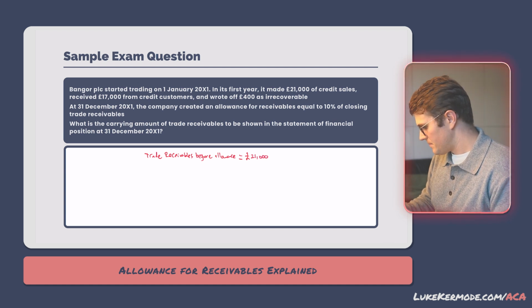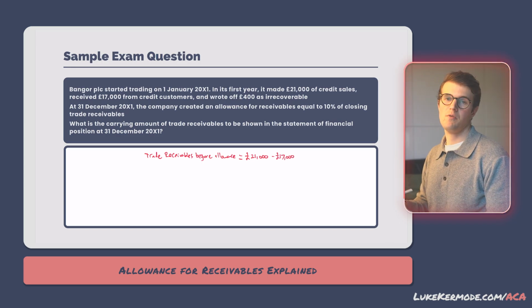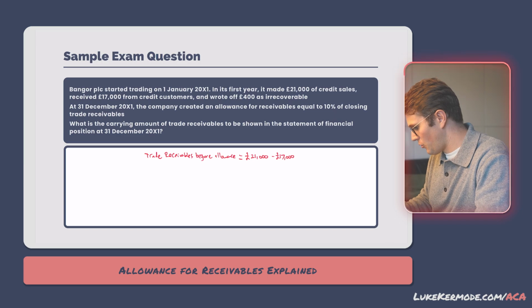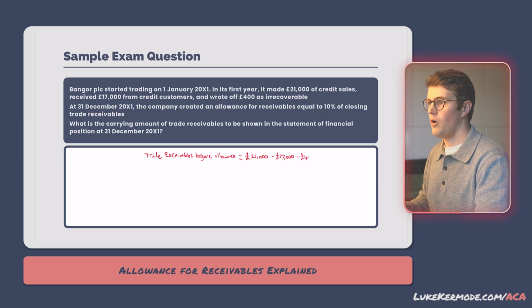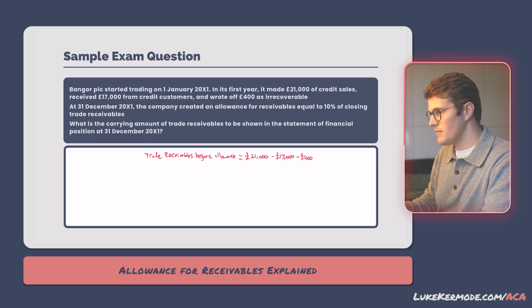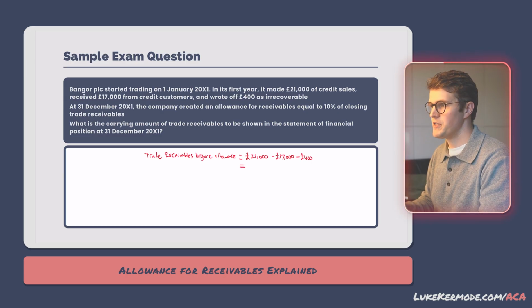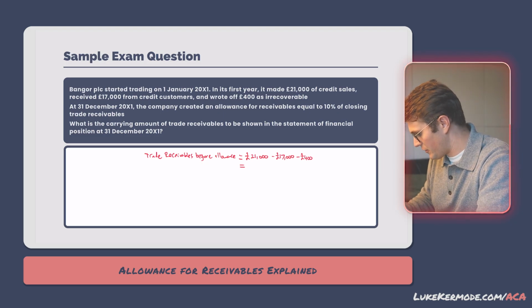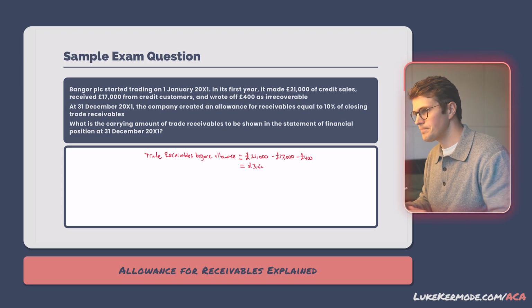We subtract £17,000 worth of cash collections, the cash received from customers, and we also need to subtract £400 of irrecoverable debts that have already been written off. So that gives us a closing trade receivables balance before we account for any allowance of £3,600.